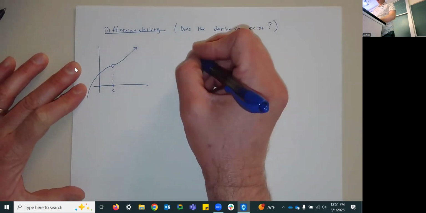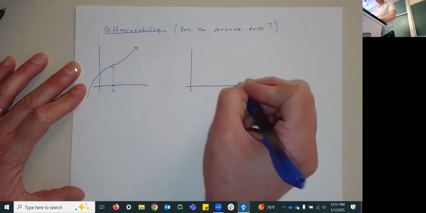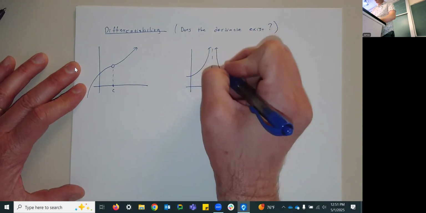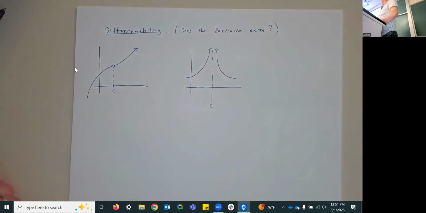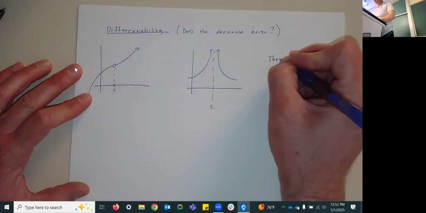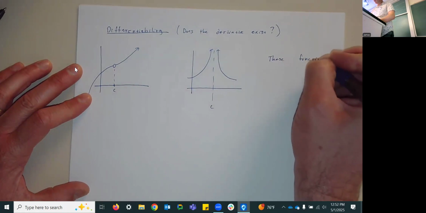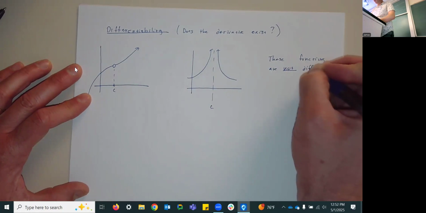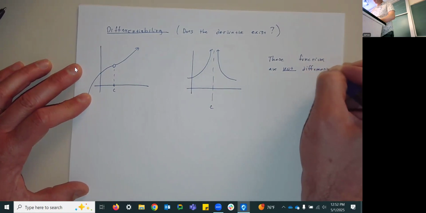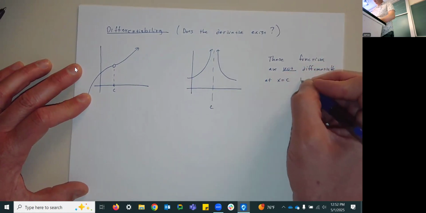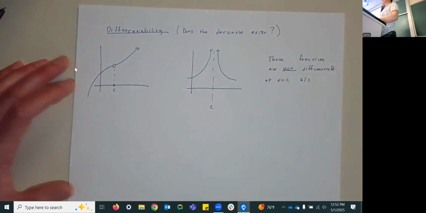Or if you have, say, a vertical asymptote, also can't find the derivative at c. So both of these functions are not differentiable at x equal to c because the function doesn't even exist there.